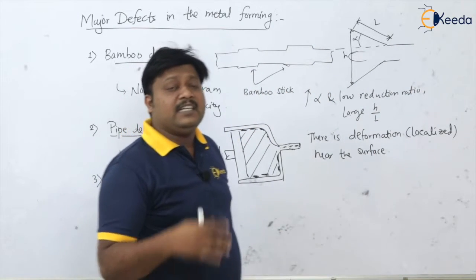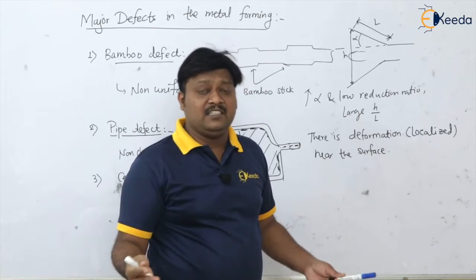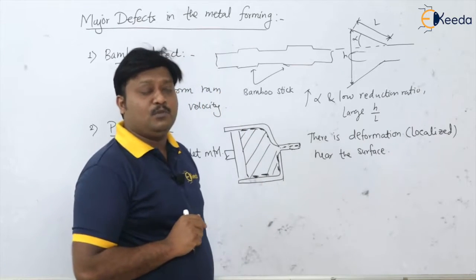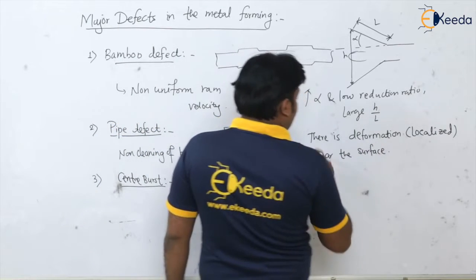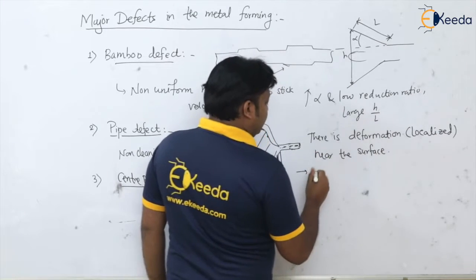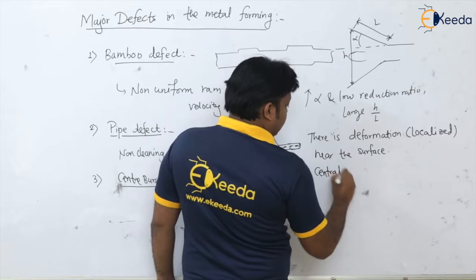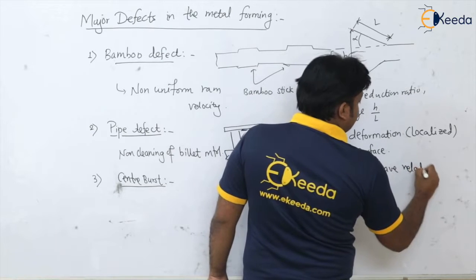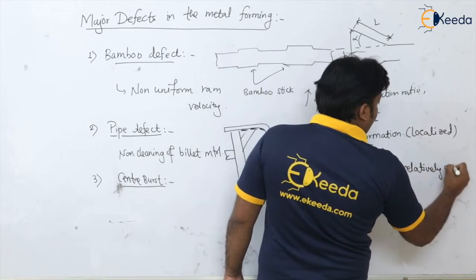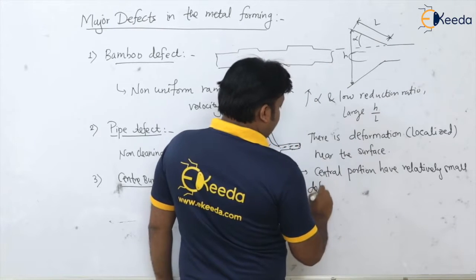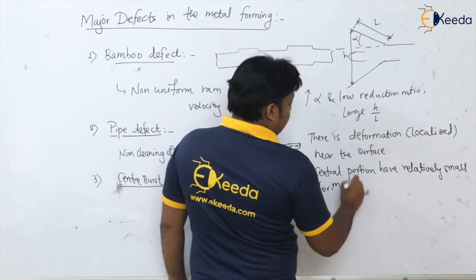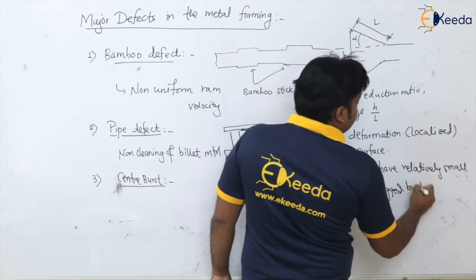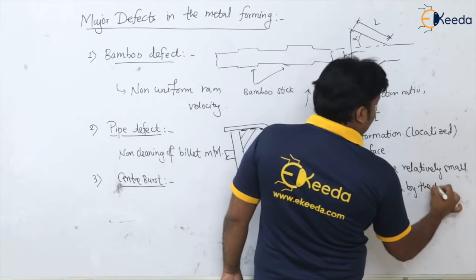As a result, there are chances that secondary tensile stresses get developed, and because of that the center burst is produced. As the deformation is localized there, the central portion has relatively small deformation, so it is dragged out by the top layer or the surface layer.